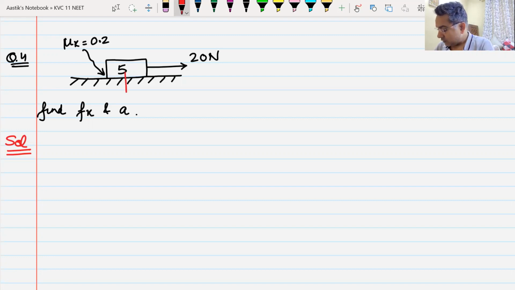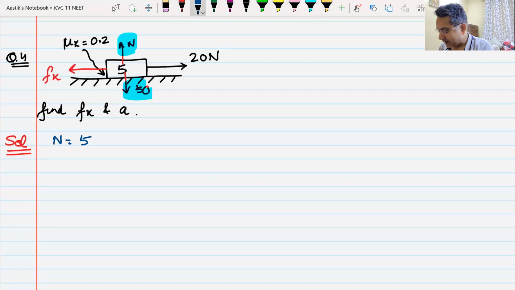Okay. So this is 50 newtons. This is normal reaction. Where is this body going to move? The force is in the forward direction, so the body is going to move in the forward direction. That is why your frictional force would be in the backward direction. I can first understand the value of N, the normal reaction.